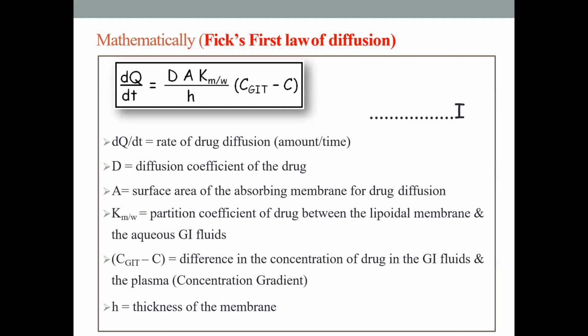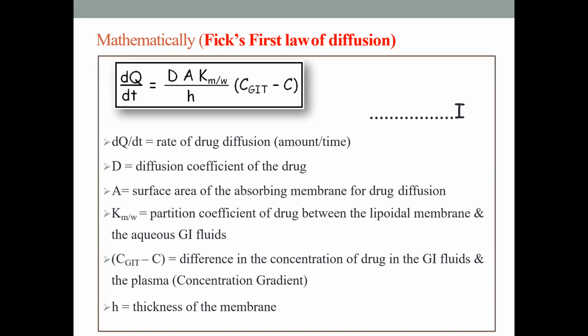where dQ/dt is called the rate of diffusion, expressed in amount per time. This dQ/dt also represents the rate of appearance of the drug in blood.